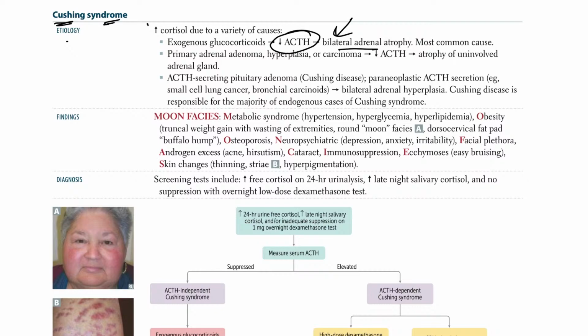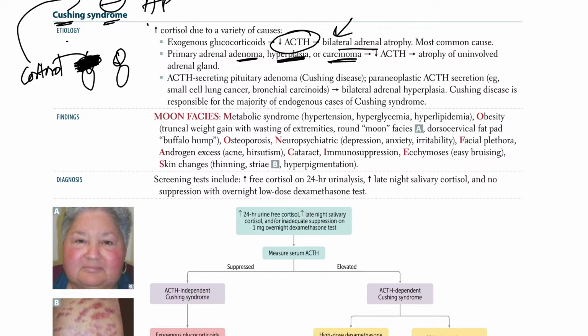Second thing is you have primary adrenal adenoma. Let's say this is the adrenal gland, the kidney and adrenals. So you have adrenal adenoma in one place, in one of the adrenals, or you might have hyperplasia of that adrenal, or carcinoma of that adrenal. So you are producing all that cortisol. That cortisol will go up top, inhibit anterior pituitary to not secrete ACTH.